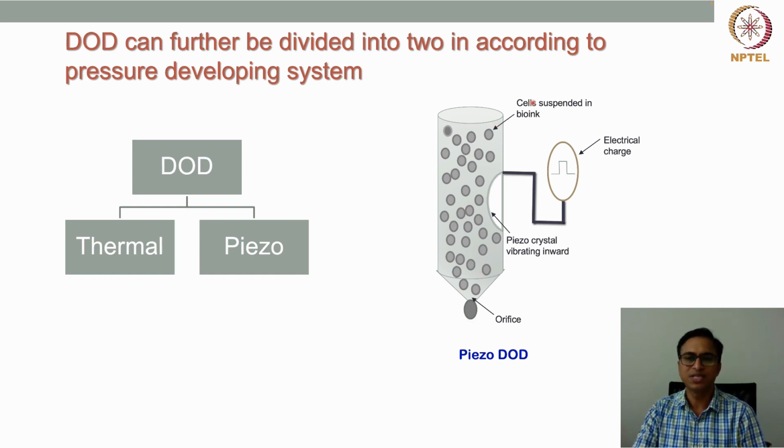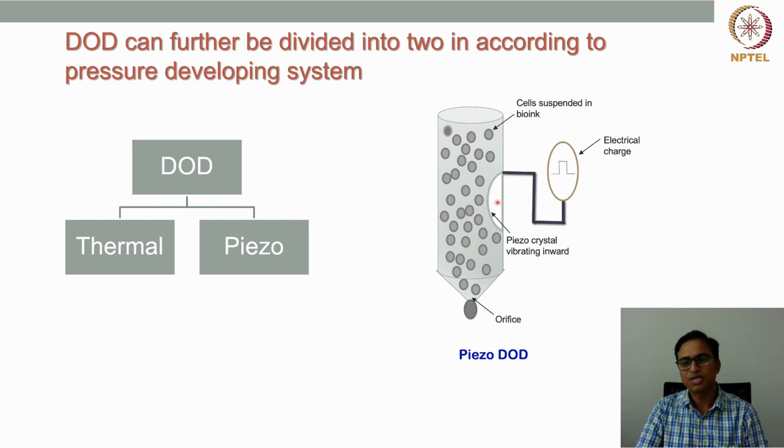As you can see here, the cells can be suspended within the liquid, media or buffer, and then the droplets can be generated, where these droplets can also consist of the cells.